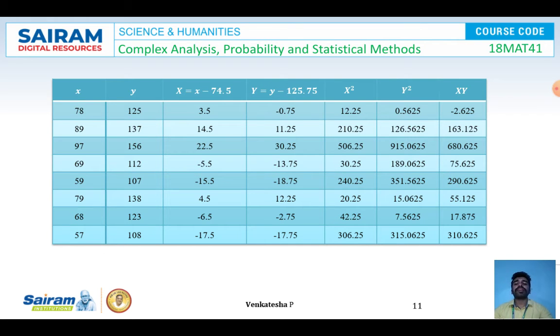So now squaring all capital X, I got 12.25, 210.25, 506.25, 30.25, 240.25, 20.25, 42.25, 306.25.